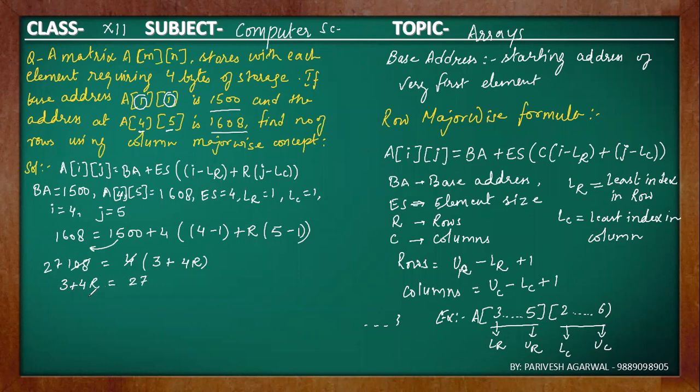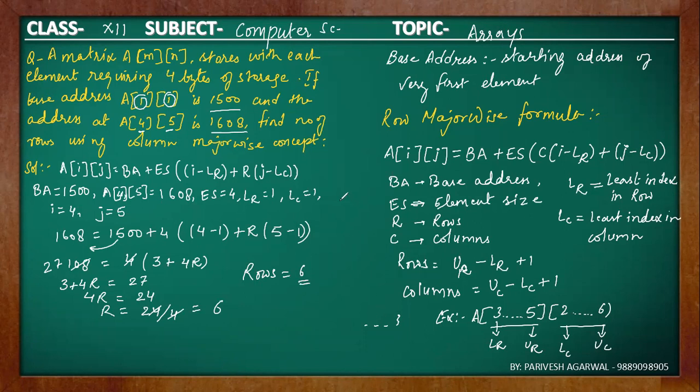Take the 3 to the right hand side, so 4R equals 24, and R equals 24 upon 4. When you cancel it, it gives you 6.